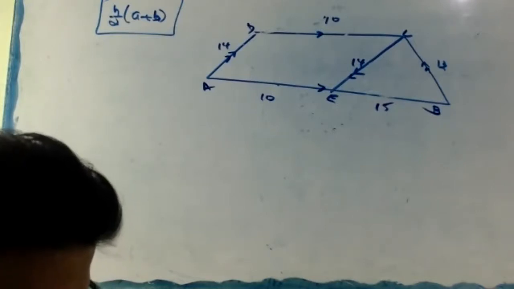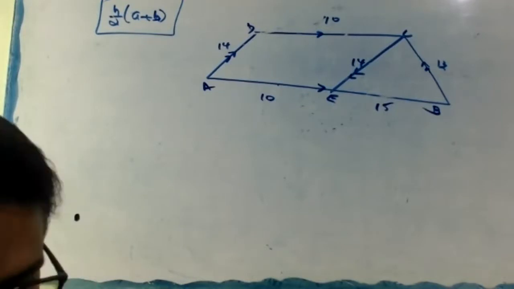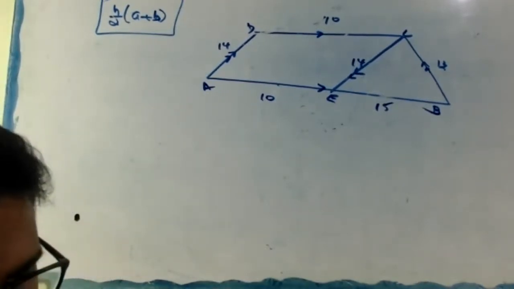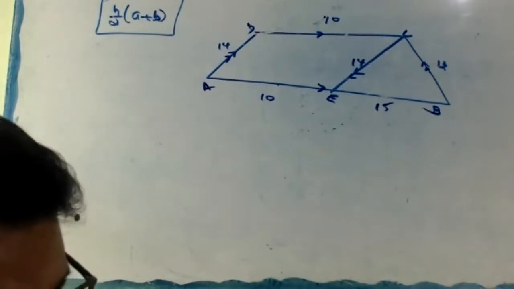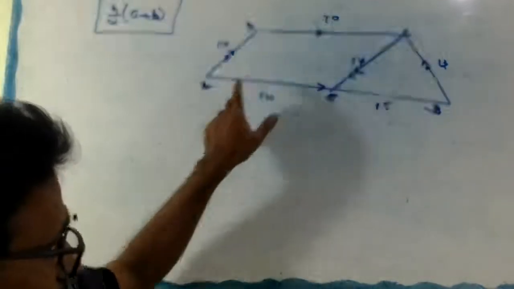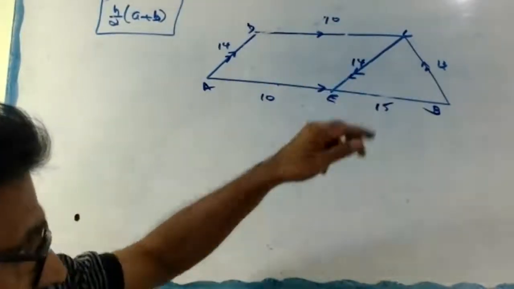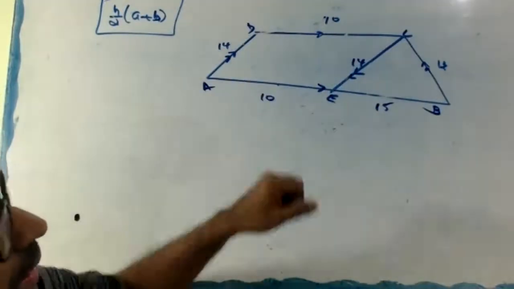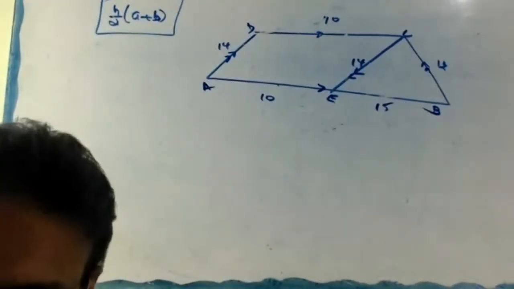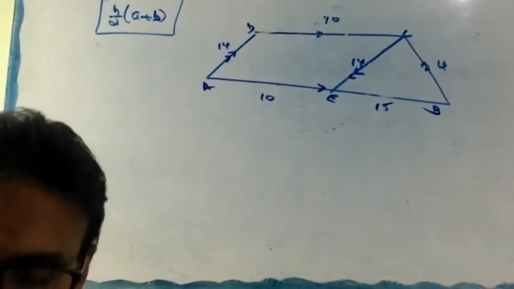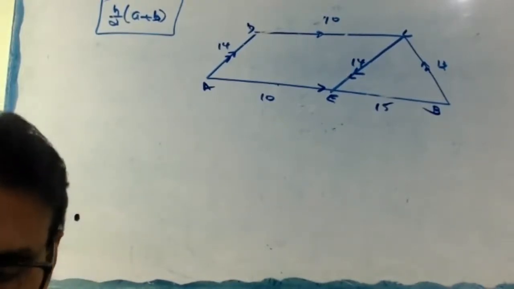And in a parallelogram, opposite sides are equal. So AE equal to DC equal to 10, and AD equal to CE equal to 14. Clear now? Up to here, okay?